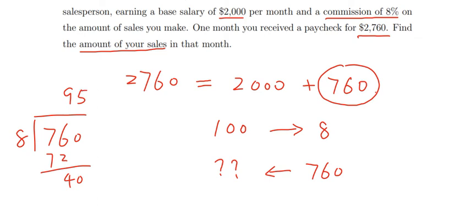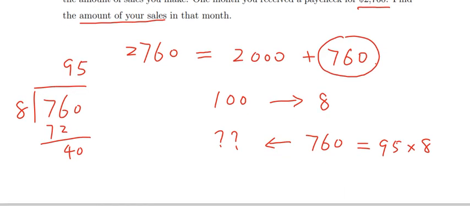So we can say this equals 95 times 8. Okay. So this $8 means 100. So here it means 9,500, right? So that's your sales.